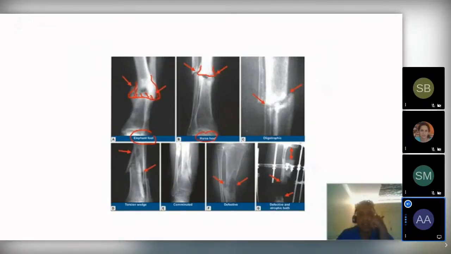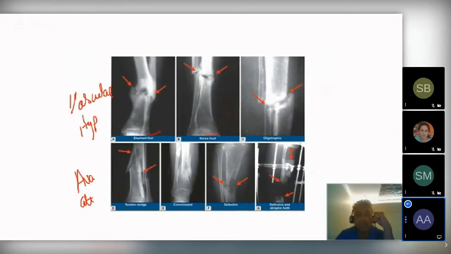So based on the amount of callus you see on the X-ray, they are classified. This is a vascular non-union, hypertrophic, versus avascular or atrophic. So hypertrophy can be elephant foot, horse foot, oligotrophy.